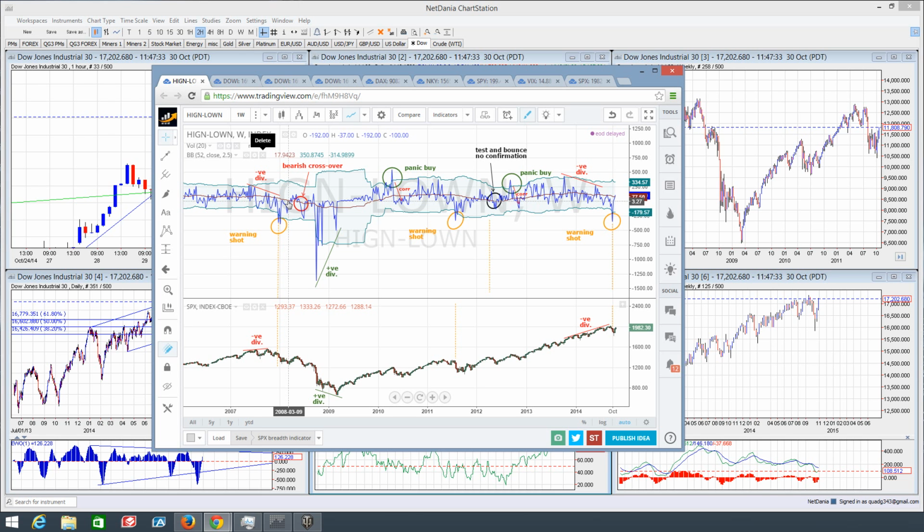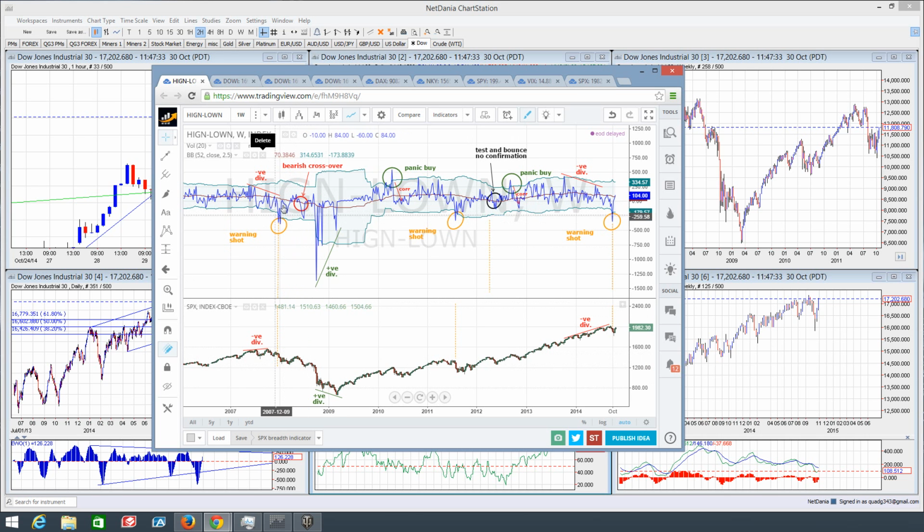If that persists, you can see right around here we got the bearish crossover where the 52-week average dipped below the zero line. It was right around here that we had our last final lower high before the market started to move into this tumble.